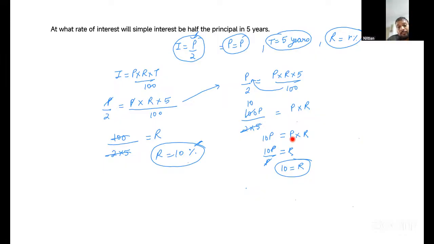Shall I read this? Yes, one minute. Okay, I'm raising this.